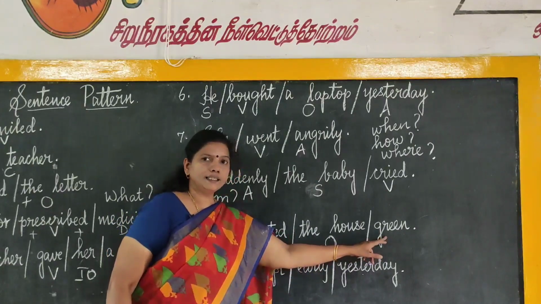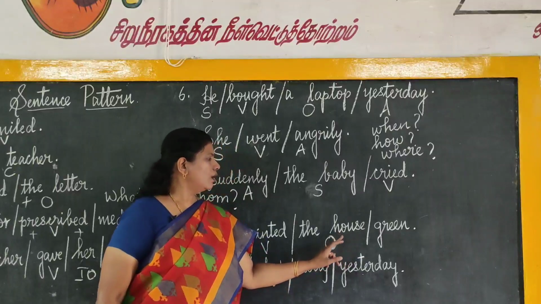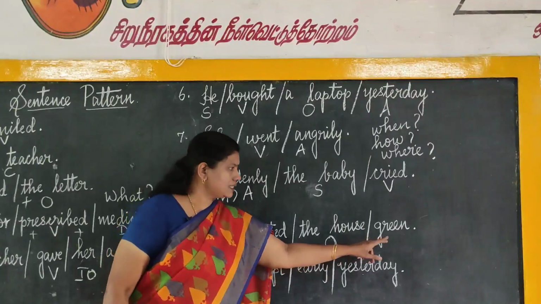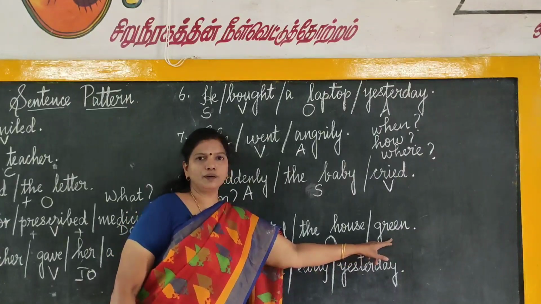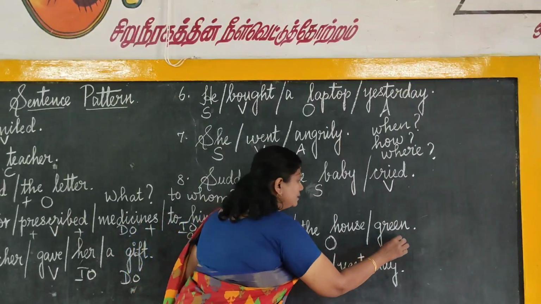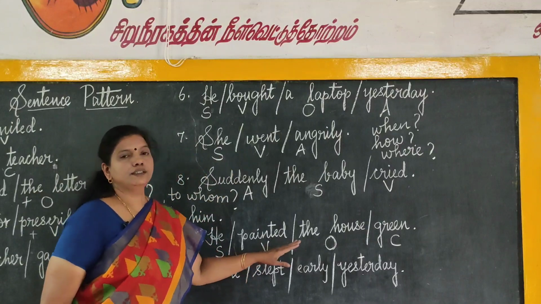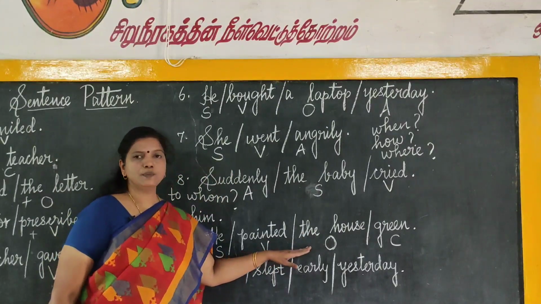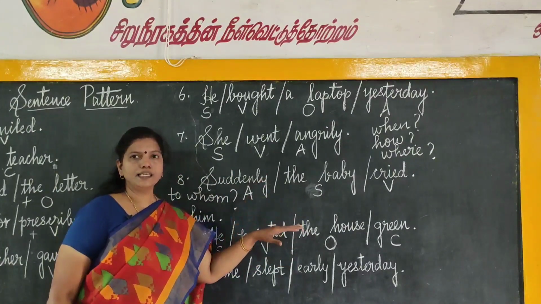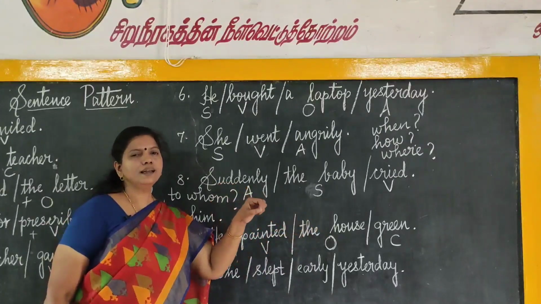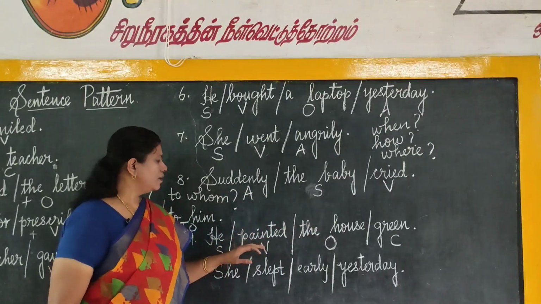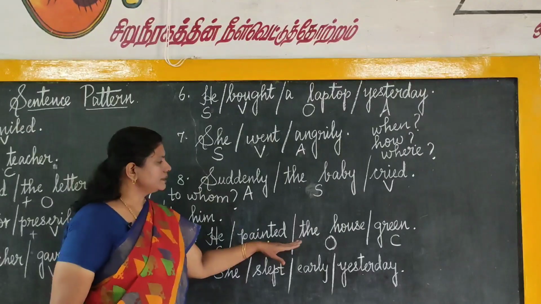So this green is the complement of the object house. This green is the object complement. So this is C. Usually children get confused only in this pattern. Other patterns they will easily identify. This SVOC only is a little confusing. But don't worry.